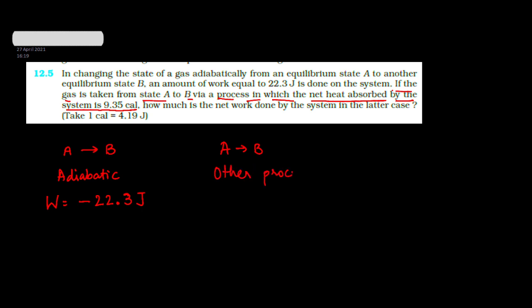It cannot be adiabatic. Yes or no? Okay, and in this process, how much is Q? Use all this, it is given here, use it. Tell me the final answer in joule. Everybody, tell me the final answer in joule.